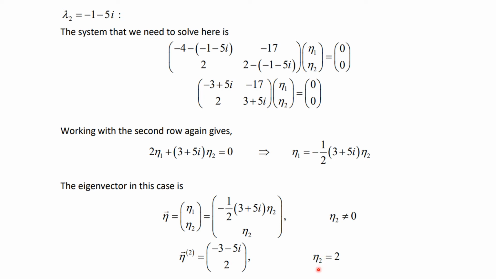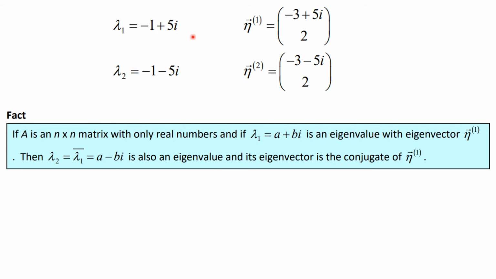If we take a_2 to be 2 as our solution, and if we look back we say, oh, this is the complex conjugate of the other solution that we have. And so to summarize, we have the two eigenvalues and their two eigenvectors, and here you can see that you got the plus in there, so that is the complex conjugate.